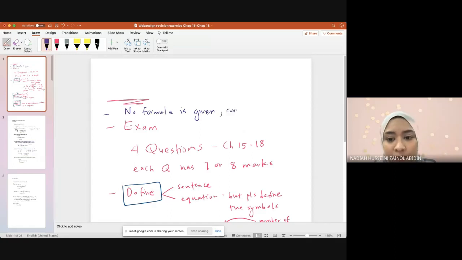Constants will be given, but it's best if you can memorize the constants as well. But check back, because they will give the constants on the first page. But for speed, I suggest to memorize if possible. If not, just rely on the table. Okay, no formula. I hope everyone is aware of this.